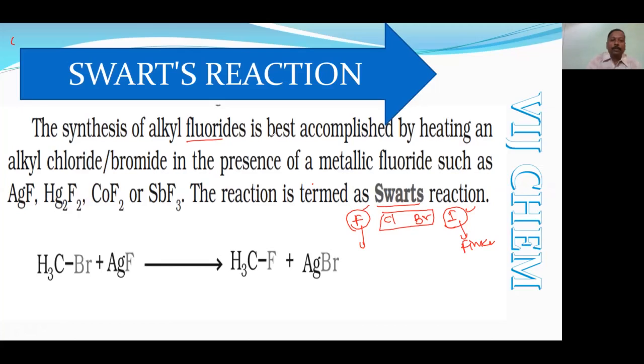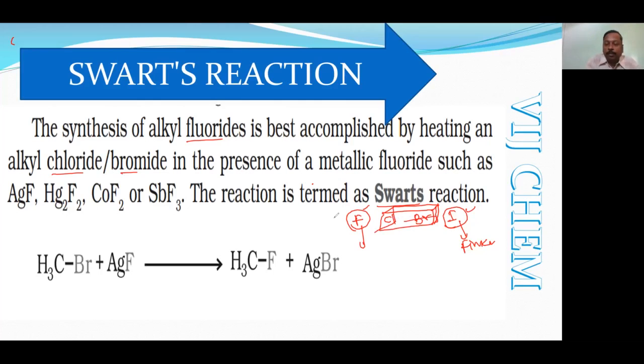So what is the Swarts reaction? The synthesis of alkyl fluoride is best accomplished by heating, again, alkyl chloride or alkyl bromide. Prepare these two by any other method. Plenty of methods are already mentioned in NCERT. By using them, you will prepare the chloro or bromo compound. But the naming reaction, you need not mention.